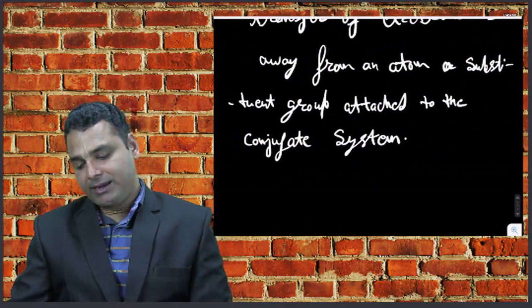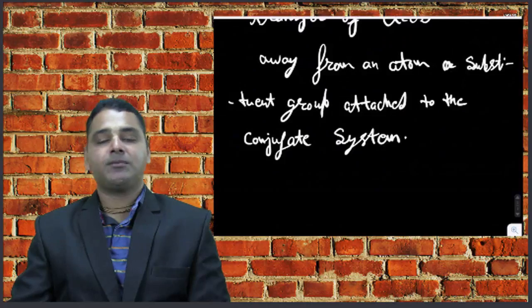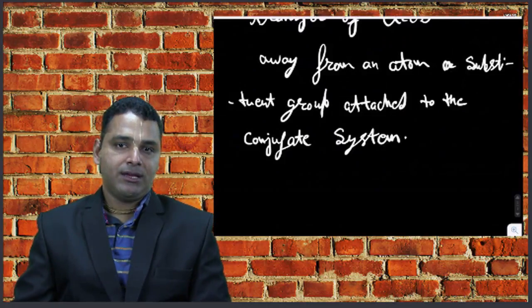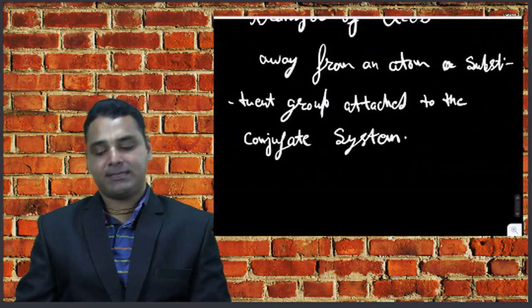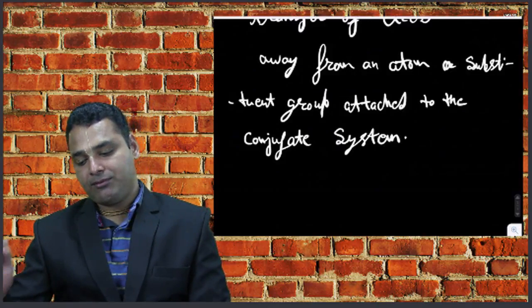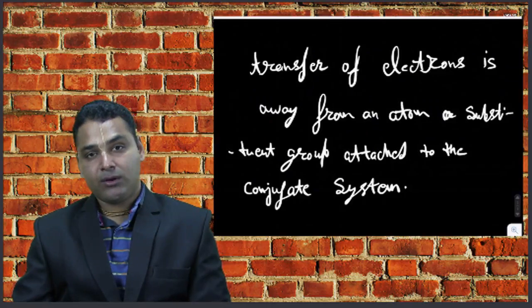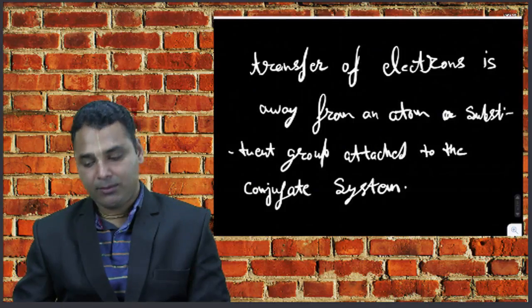This kind of effect makes some positions have high electron densities. We will understand it with an example, but first we have to understand it theoretically.